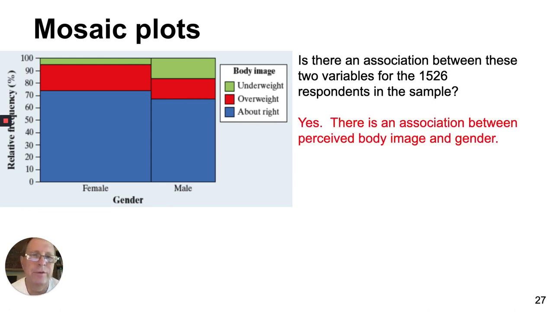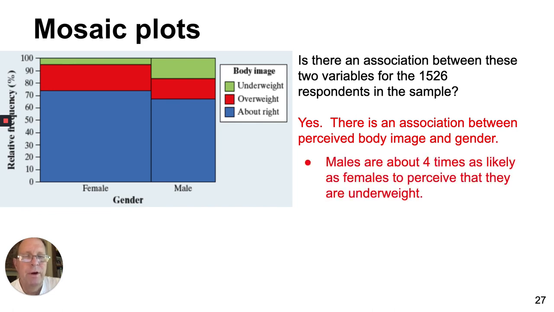Yes, there is an association between perceived body image and gender. That's the conclusion, but then you have to explain why. Males are about 4 times as likely as females to perceive that they are underweight. Notice that the green box for males is much taller than the green box for females.